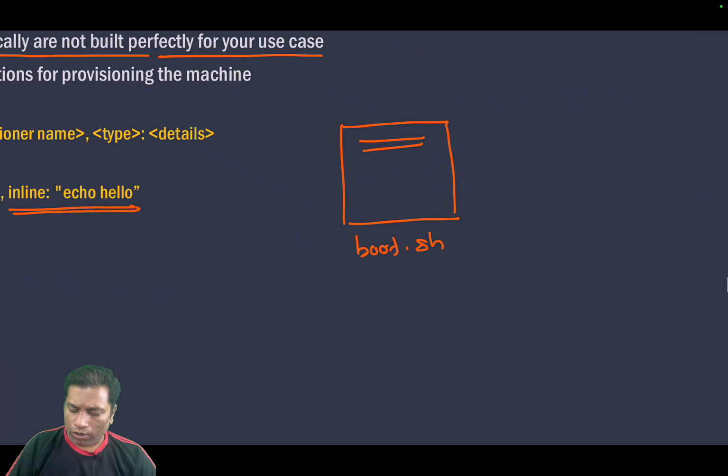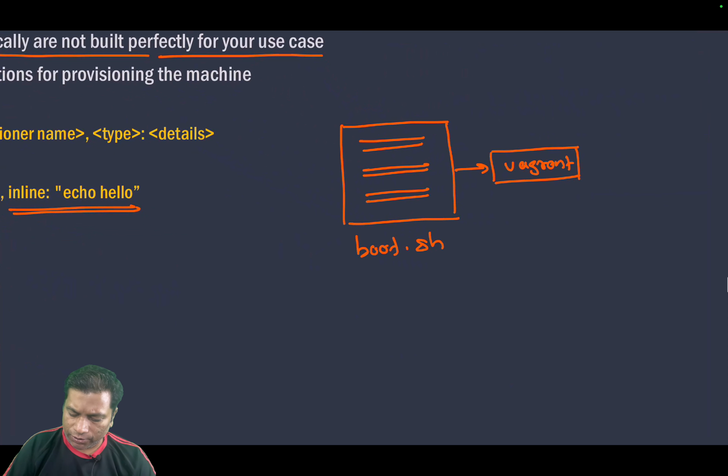You put all of your commands there, let's say apt-get update or apt-get install something like MySQL, and so on and so forth. Then you provide this boot.sh file to Vagrant so that while creating that machine, Vagrant can start executing all those commands. And when the machine is ready, you will have MySQL installed in it.